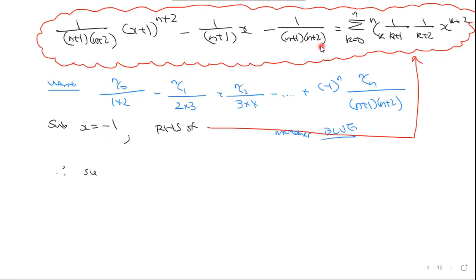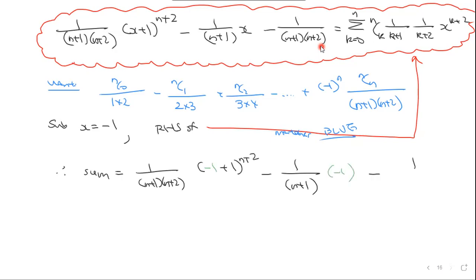Therefore, the sum must equal 1 over n plus 1, n plus 2, times, I'll sub in the -1. I mean, we don't really need this one, but -1 plus 1 to the power of n plus 2. You can see that cancels. We don't really want that one. Minus 1 over n plus 1 times -1. Okay, we're subbing in for x. Minus 1 over n plus 1, n plus 2.